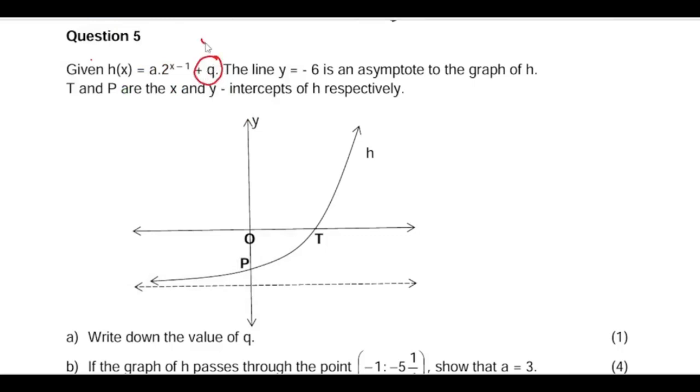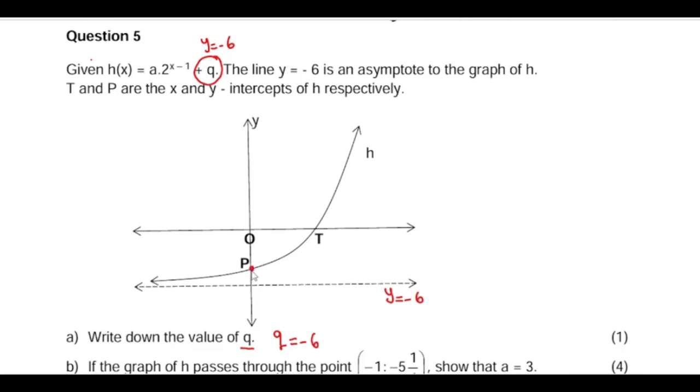So this q, y equals minus 6. So it's given that this line is negative 6. That's the value of q. And the first question says, write down the value of q. Please don't waste time on that. q is minus 6. So t and p are the x and y intercepts of h respectively.